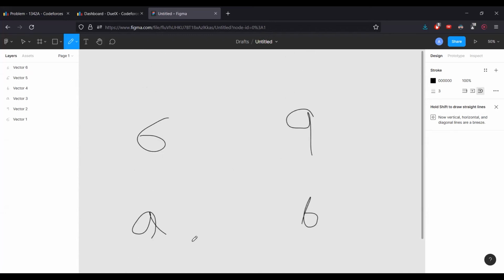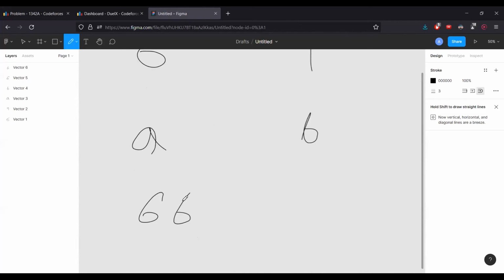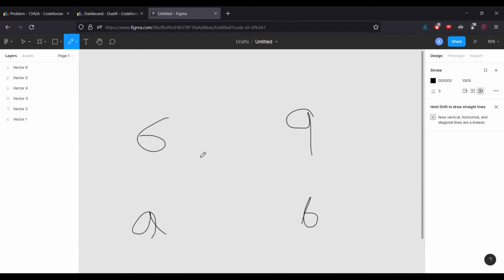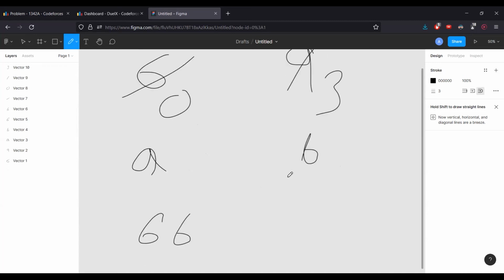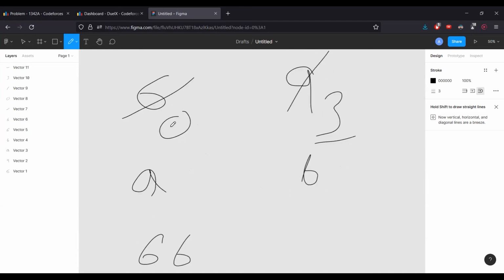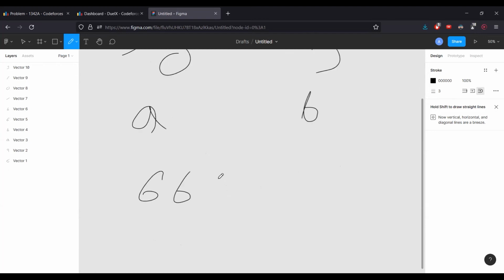So if I paid $6B, I can reduce both of them by 6 times, or increase both of them 6 times. In this case, I want to decrease both of them because I want 0, 0, right? So I'll reduce this by 6, 0. I'll reduce this by 6, this becomes 3. Now it's 0, 3. Now how do I go from 0, 3 to 0, 0? I can reduce this 3 times, and to decrease only one number, I have to pay $A, and I have to decrease this 3 times. So I'll pay $3A.